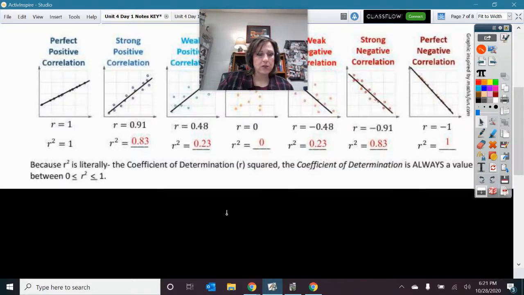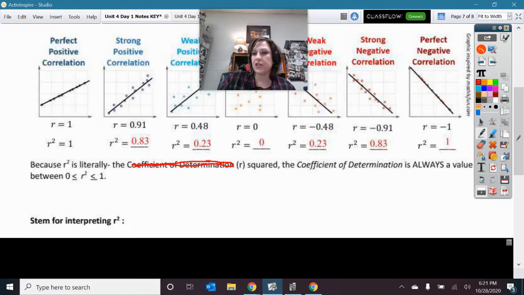Let's remember this: R squared is the square of the correlation coefficient. Look, that's wrong. I said that even wrong. See, I even got it confused when I was doing my notes. The correlation coefficient is R, and then the coefficient of determination, R squared, is always a positive value between 0 and 1.